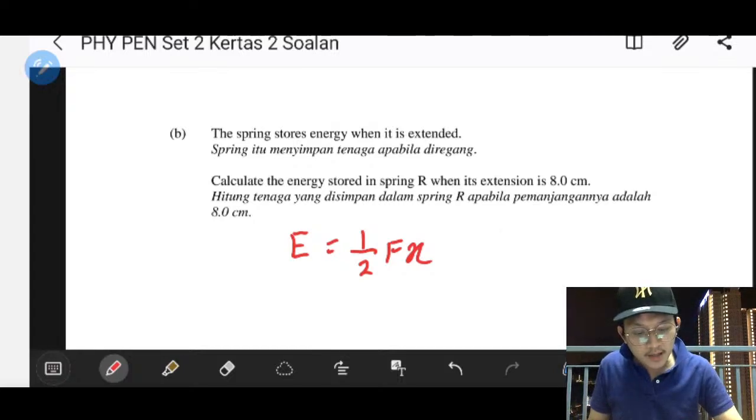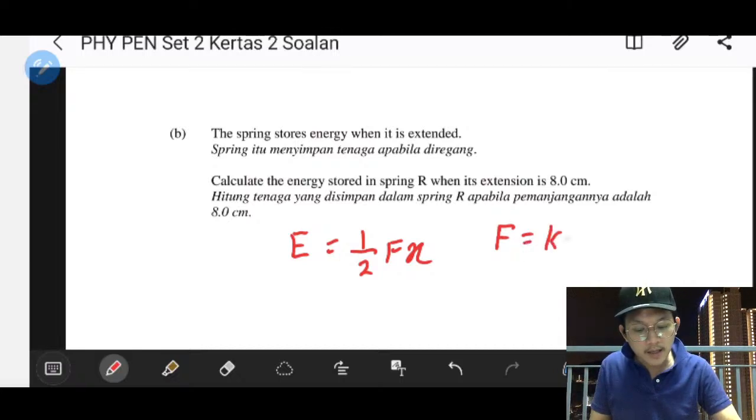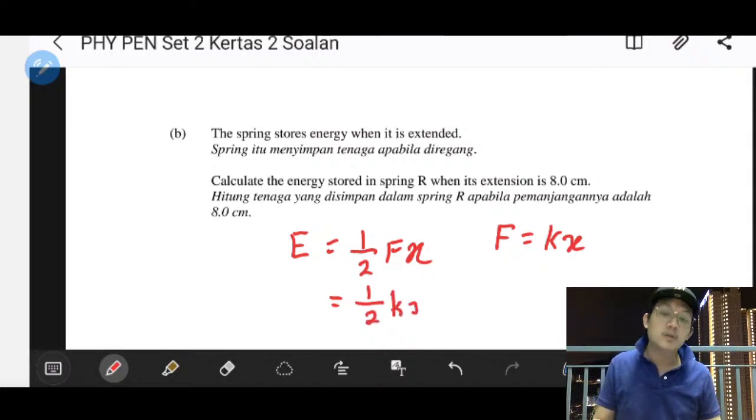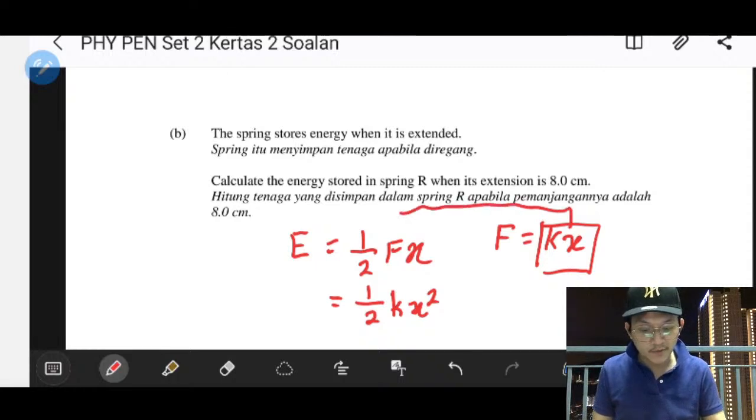F ini adalah sebenarnya sama dengan kx. Okay? And then in the end, kadang-kadang kamu akan dapat half kx square, apabila saya ambil kx ini digantikan masuk ke dalam the F. Alright? So both of these work as a formula.